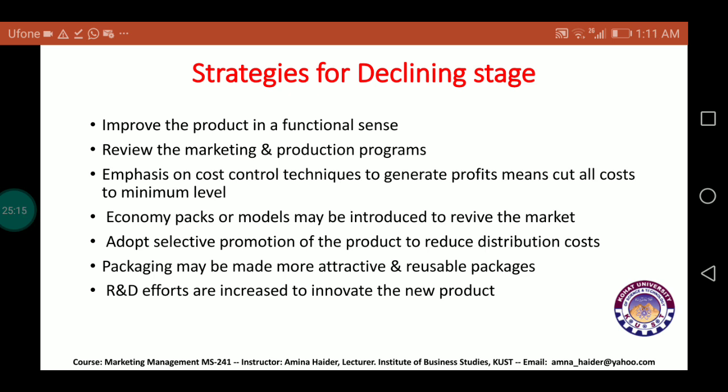Many businesses find that the best strategy is to modify their product in the maturity stage to avoid entering the declining stage.